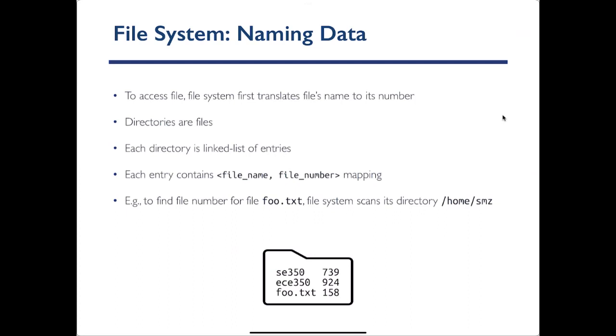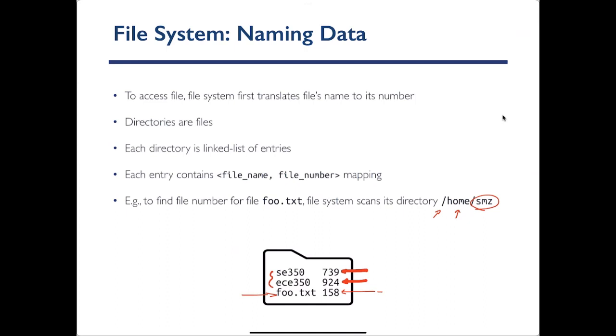Now, let's assume that this SMZ directory in the home directory, in the root directory, has two directories, SE350 and ECE350. So each one of them has to have its own number. And then let's assume that I have also a file in my SMZ directory called foo.txt. So this also has its own name and its own number. So basically in each directory, I'm going to be storing a mapping between names and numbers.